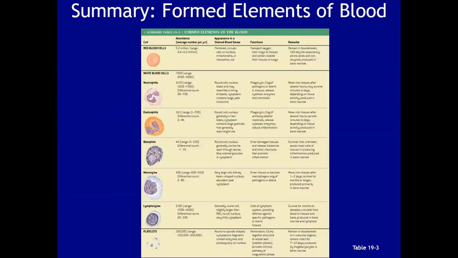So here's a good table that talks about the red blood cells. It tells you how many we got, what they look like, what their functions are, and any interesting remarks about that. So it's a good one to look at. And the question always is, do I need to know abundance? Yes, we need to know abundance of these, how many we should find, what's normal for our white blood cells.